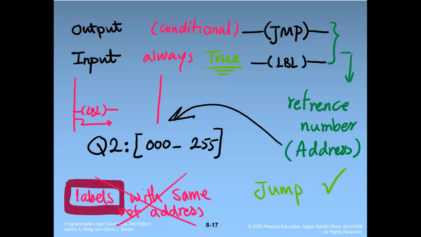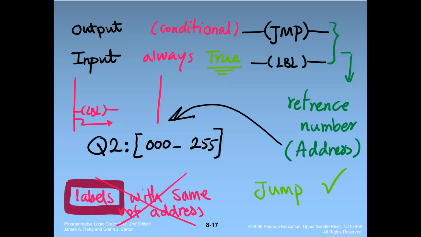So you should not be worried about the condition of this rung. The label is there not to decide the condition of the rung, because it is always true. It is there only to show the program scanner where the destination of the related jump instruction is.